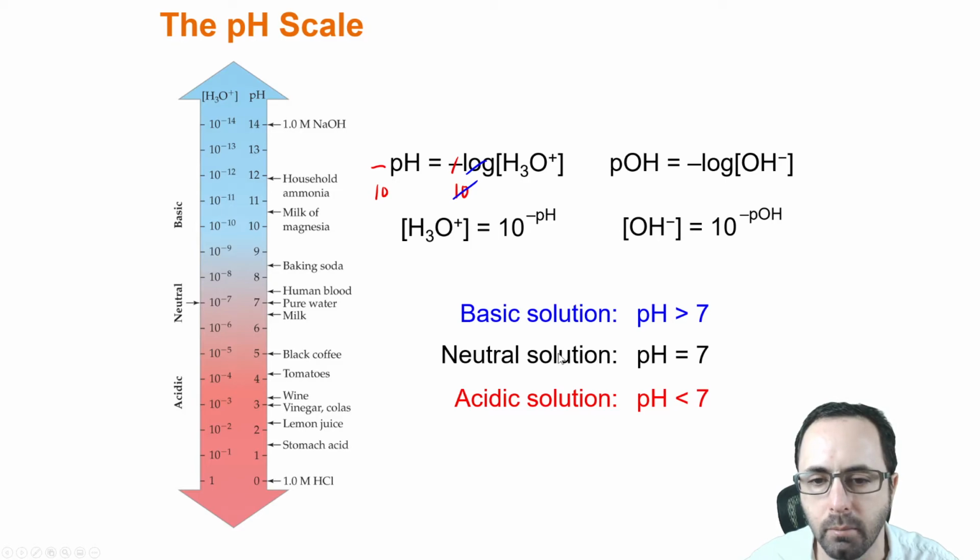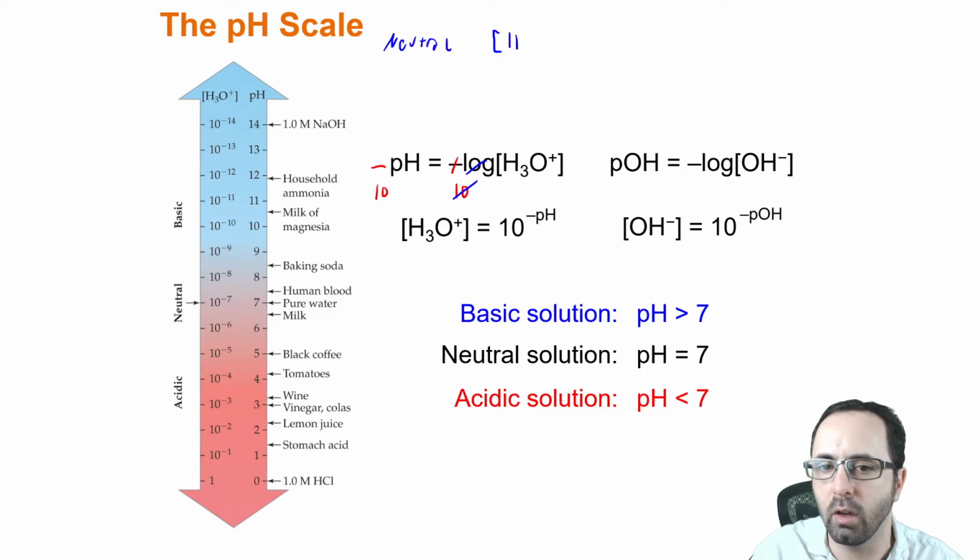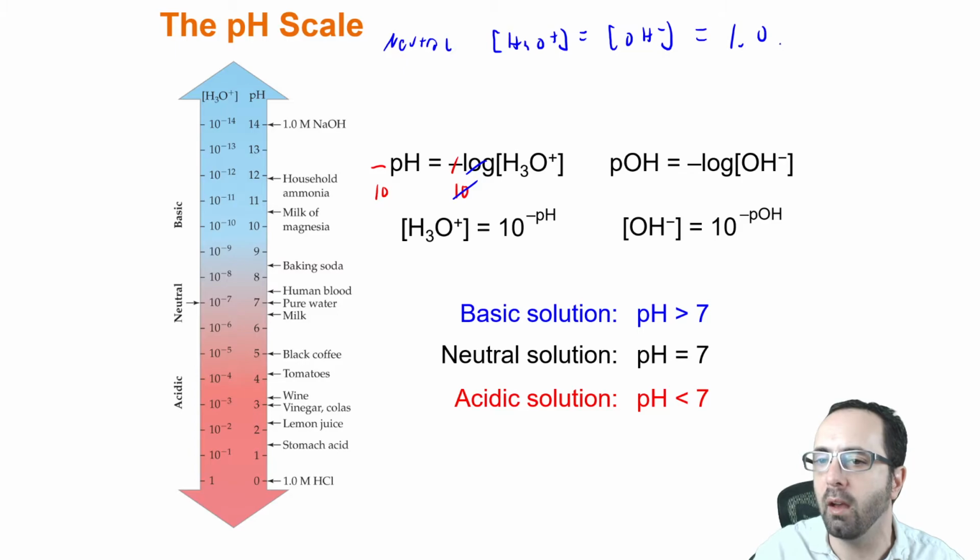And so a neutral solution here is pH 7, because we saw that for neutral water, the concentration of hydronium equals the concentration of hydroxide, and it was 1 times 10 to the minus 7 molar.